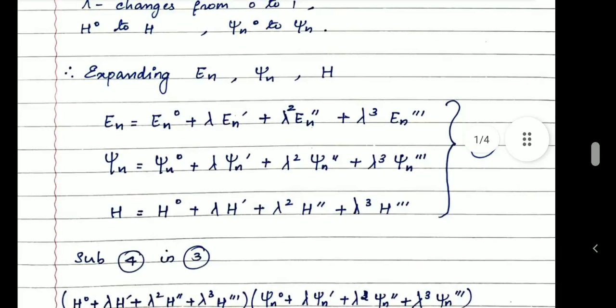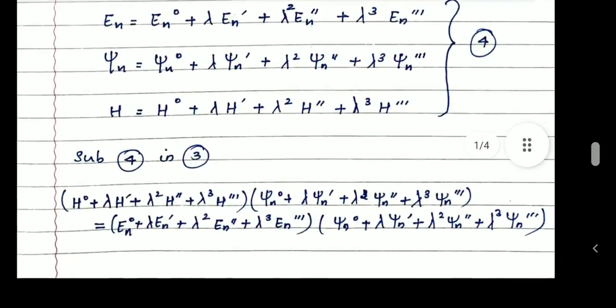So after substituting this, we arrive at this equation, that is H naught plus lambda H dash plus lambda square H double dash plus lambda cube H triple dash multiplied into psi n naught plus lambda psi n dash plus lambda square psi n double dash plus lambda cube psi n triple dash, that is equal to E n naught plus lambda E n dash plus lambda square E n double dash plus lambda cube E n triple dash into psi n naught plus lambda psi n dash plus lambda square psi n double dash plus lambda cube psi n triple dash.